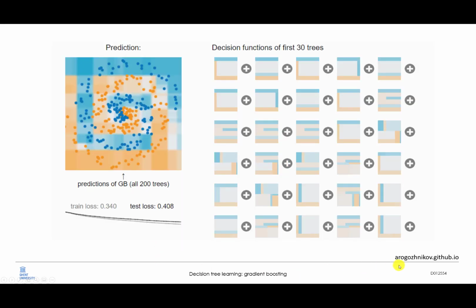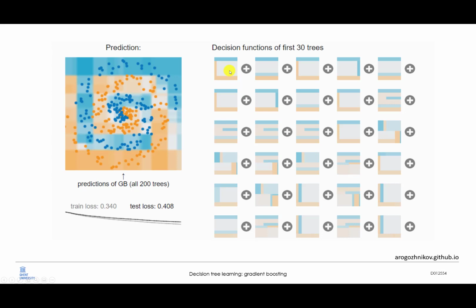And so the website also offers a very nice example on classification. So for instance, here you have this two feature data set, two classes, the orange and the blue. And what you see here is the result of 200 trees. You can see the first 30 trees here.